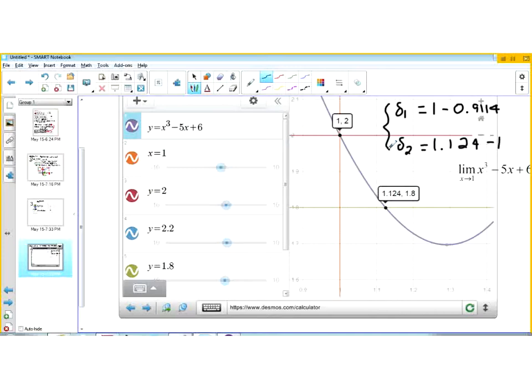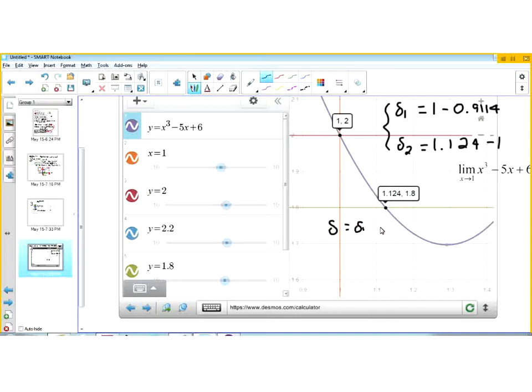Okay, I'm not sure if they're the same, so I'm grabbing my calculator and I'm checking that. Okay, so 1 minus 0.9114 is equal to 0.0886. And then 1.124 minus 1 is equal to 0.124. So delta 1 is the smaller number.